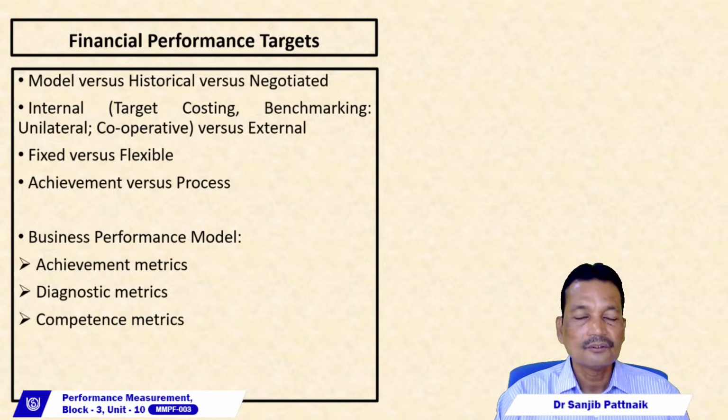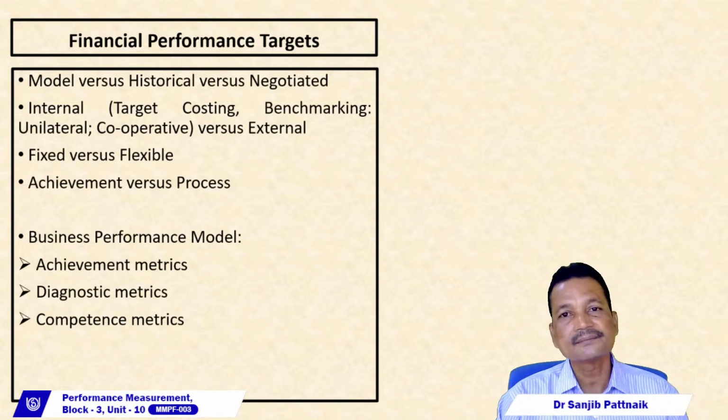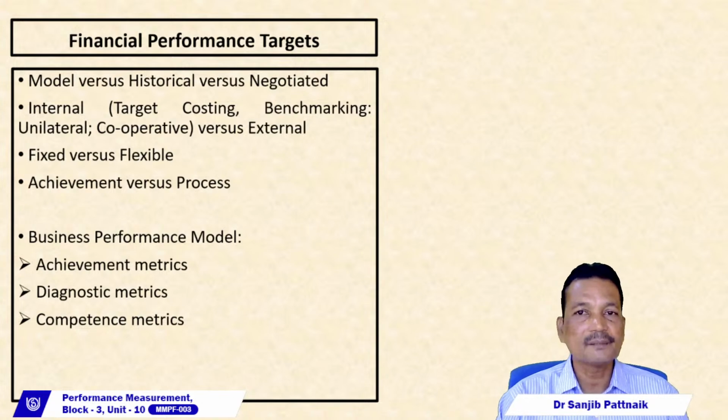Now, we want to have a profit of 20% on sales. So sales price is 100 rupees, 20% of that is 20 rupees. So sales minus profit will give us the overall cost of producing the item. So the overall cost of producing the item is 80 rupees.